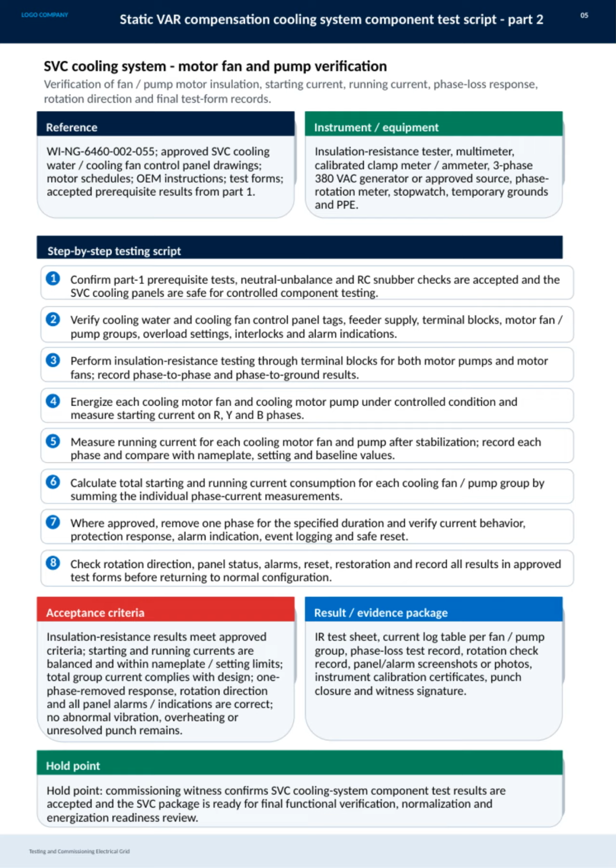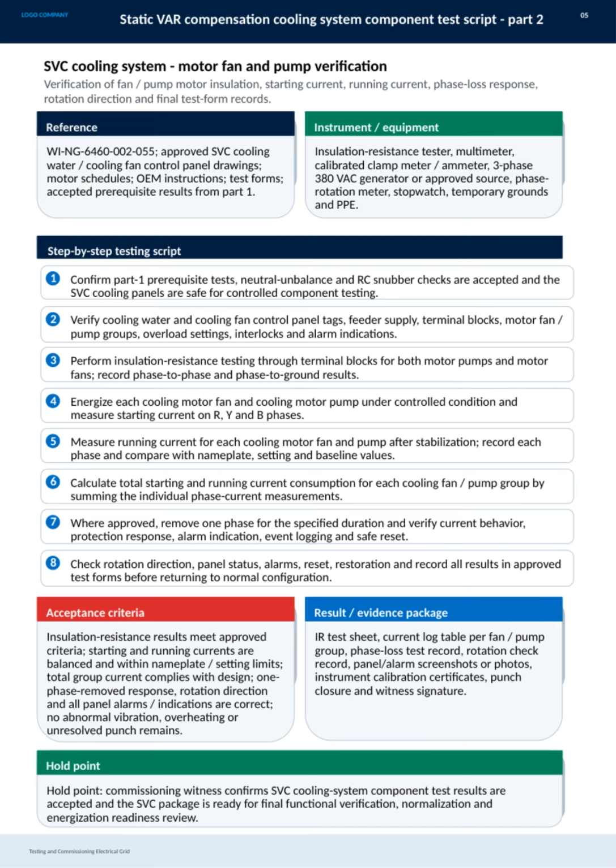Where allowed, a phase is deliberately removed to verify current behavior, protection system response, alarms, event logging, and safe reset functions. Finally, we check the rotation direction and various panel statuses, alarms, and reset procedures, documenting all findings in approved test forms before restoring normal configuration.